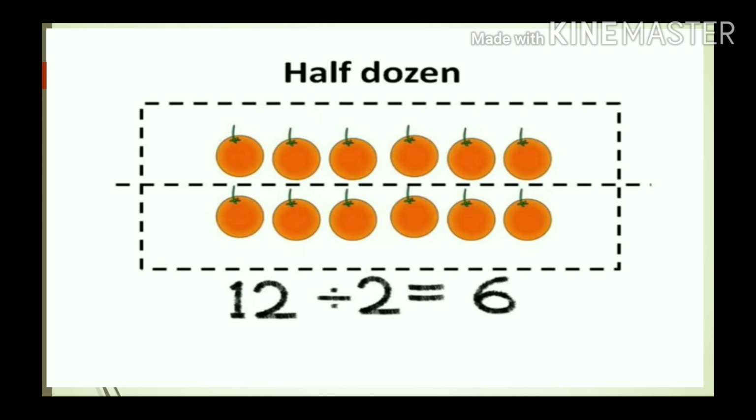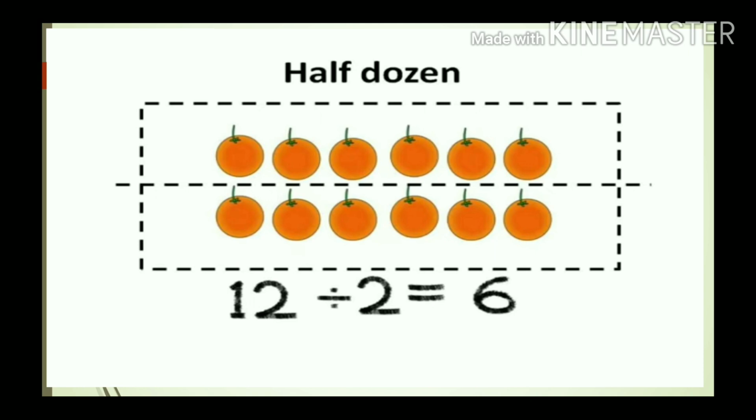So half a dozen means 12 divided by 2, because half means 1 by 2. After dividing, 12 divided by 2 is equal to 6, which means each half contains 6 oranges, or you can say half a dozen oranges means 6 oranges.